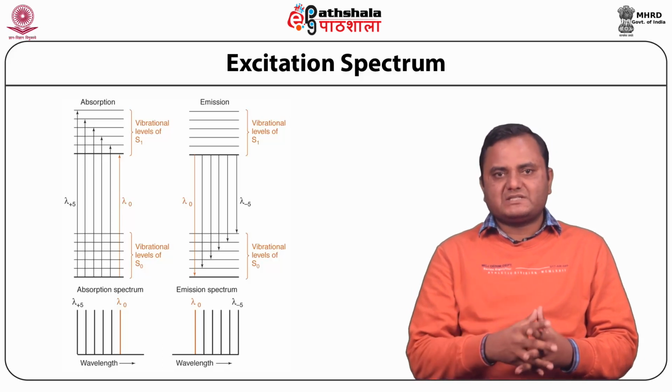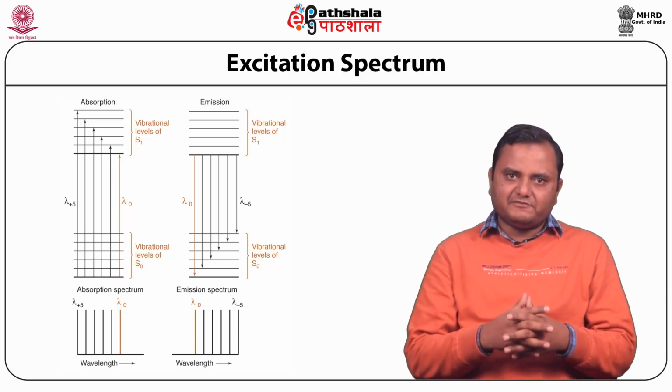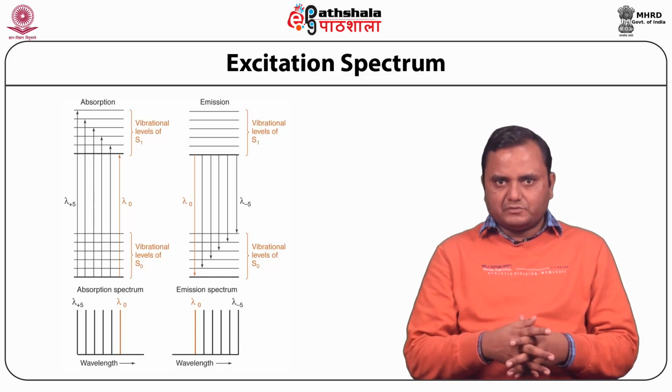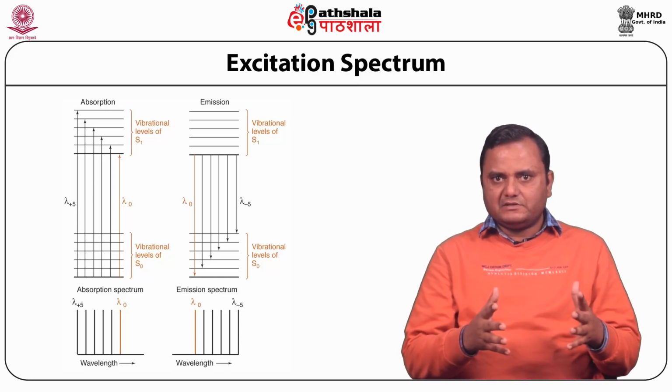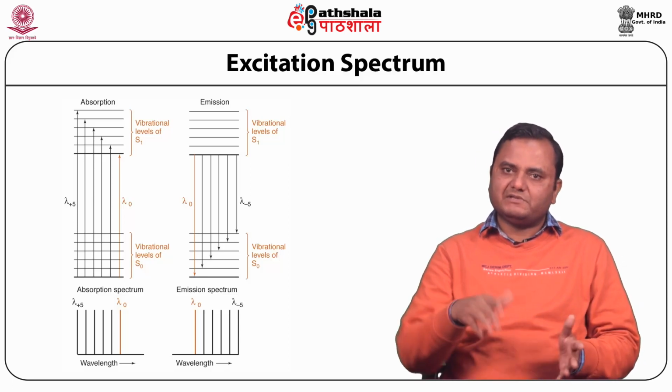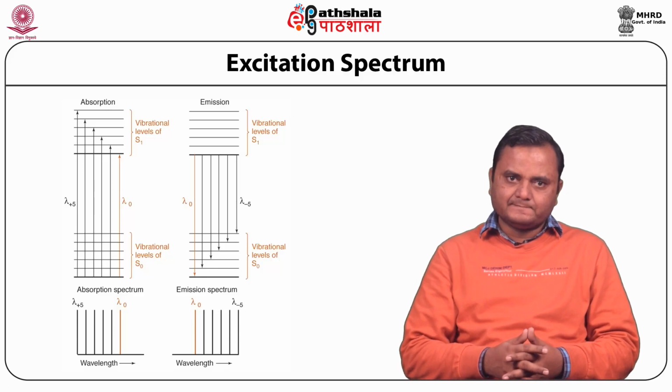So the selection of the excitation wavelength is very critical in fluorescence. You should try to excite a molecule where it absorbs the maximum amount of light, so it will give you a better emission spectrum.